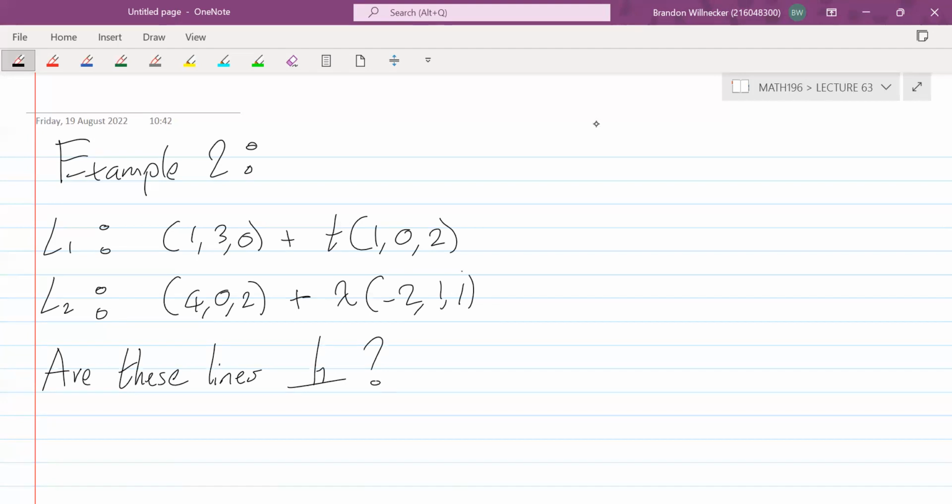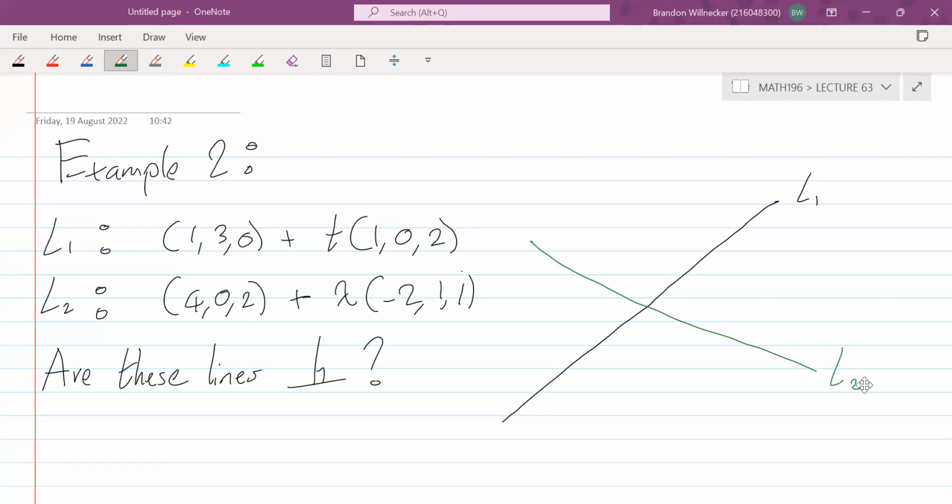Well, we can do a rough sketch of what's going on, and then from that, we can get an idea of what to do. So let's say the first line, L1, is doing something like this, L1. And the second line, maybe it's doing something like this. That's L2. We want to see, is the angle between them 90 degrees?